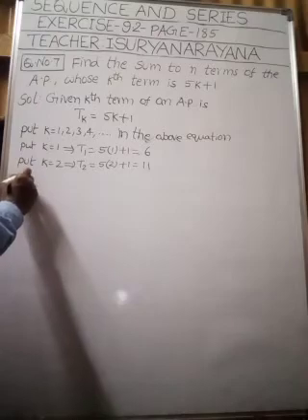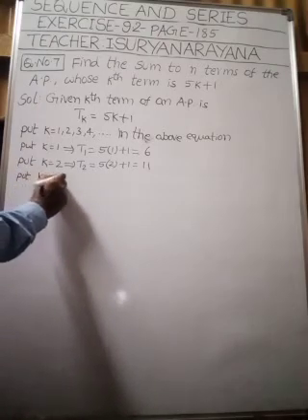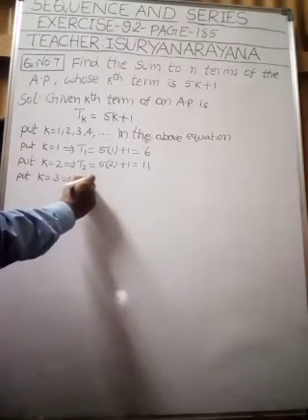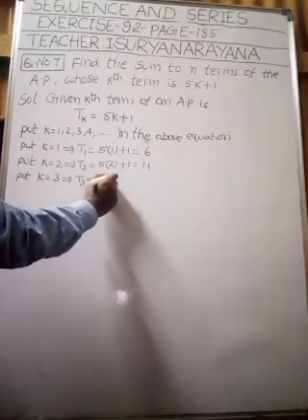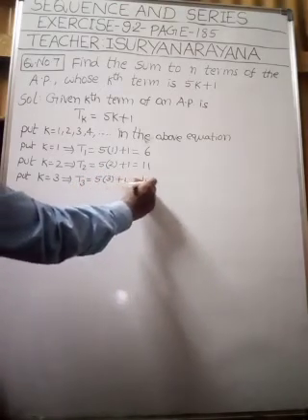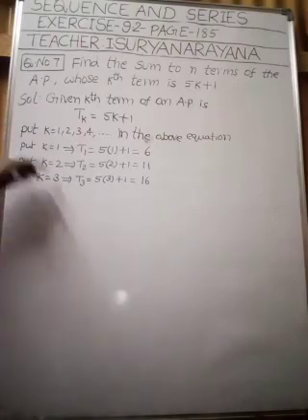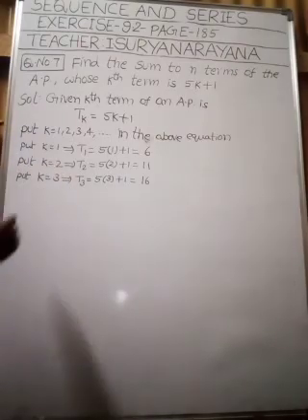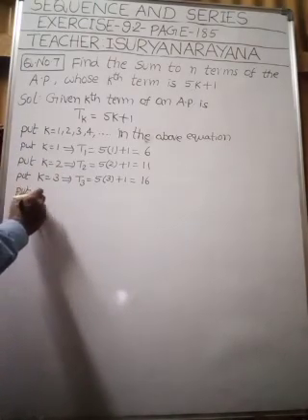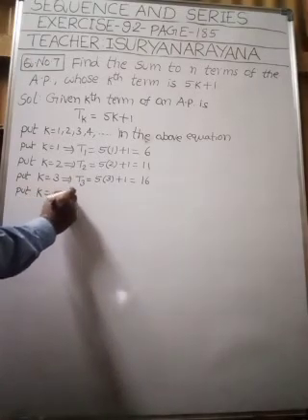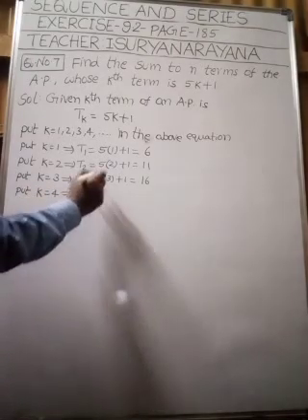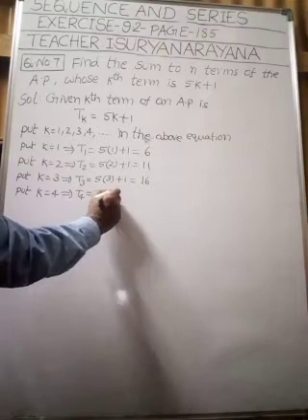Put k is equal to 3. This implies T3, third term. 5 into 3 plus 1. What will you get here? 16. Understood this third term, my children? Put k is equal to 4. This implies fourth term of this arithmetic progression. 5 into 4 plus 1.